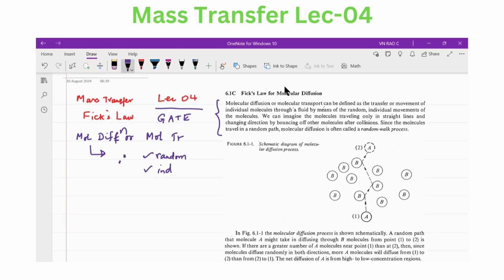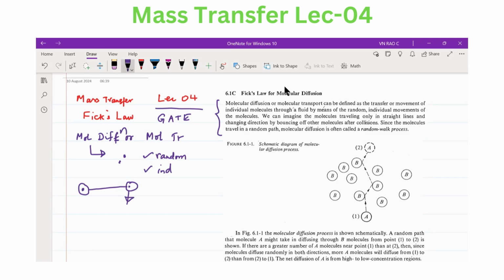We can imagine a molecule moving in a straight line and changing direction by bouncing off other molecules. Generally when a molecule is moving, it collides with another molecule and then it bounces in another direction. So we can imagine molecules traveling only in straight lines and changing direction after collisions.